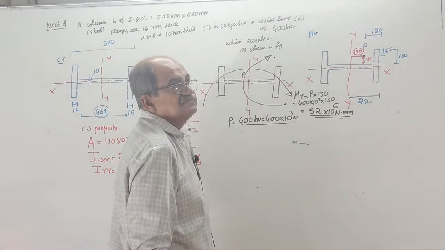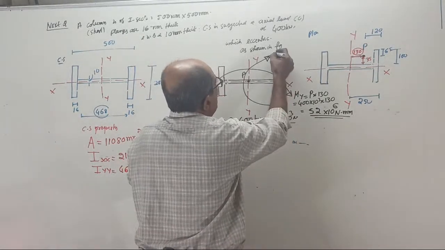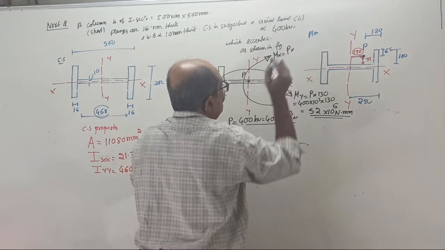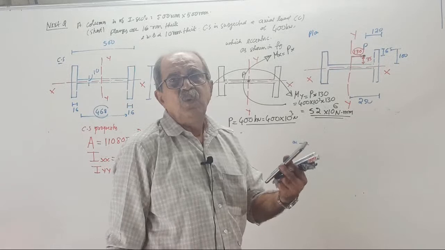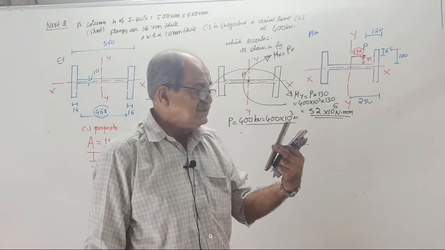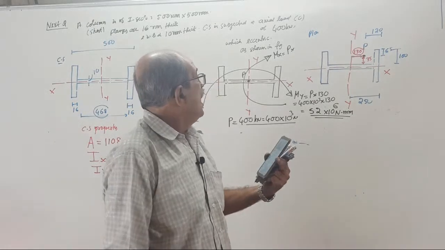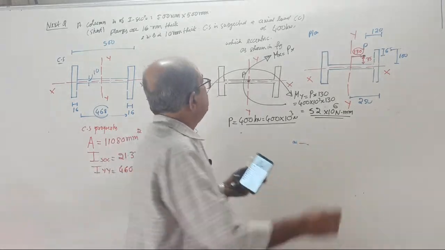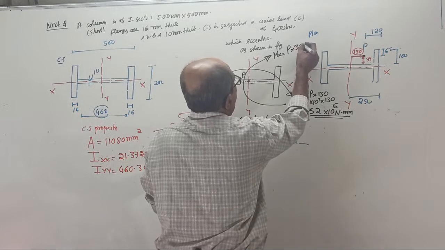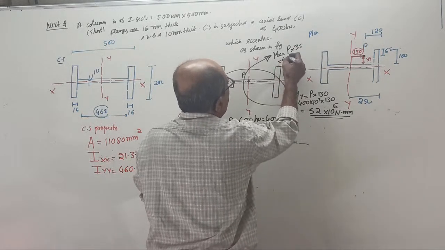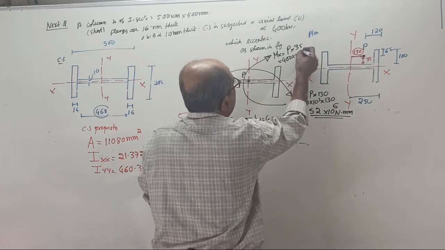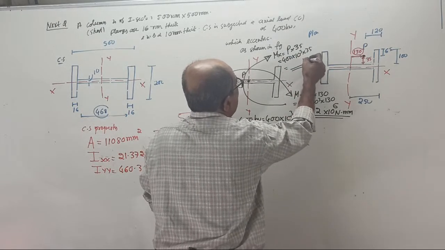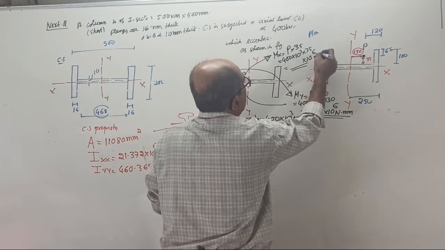That is M about x equals P into distance, which is 35. Equal to 400 into 10 to the power 3 into 35. Tell this also in 10 to the power 6 Newton millimeter.